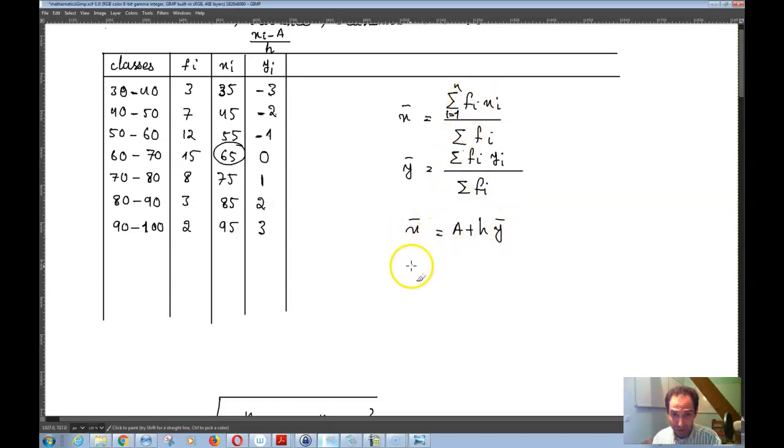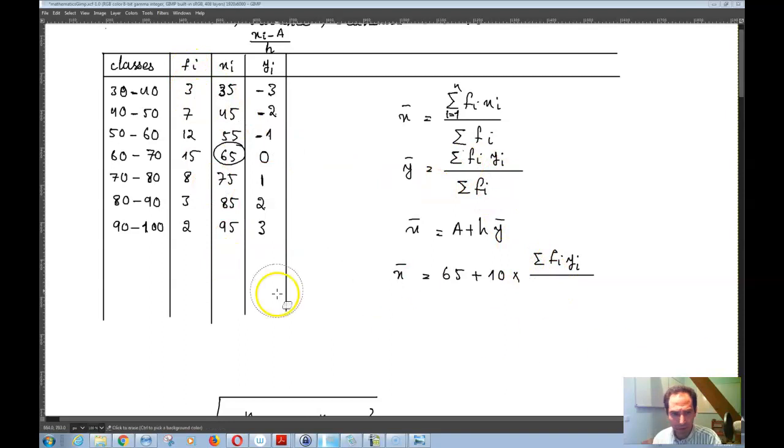So then based on this, x bar is going to be equal to a, which is equal to 65, and h is 10, times y bar, which is basically sigma f of i y of i divided by sigma f of i.